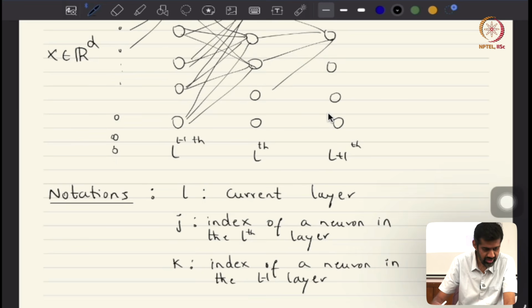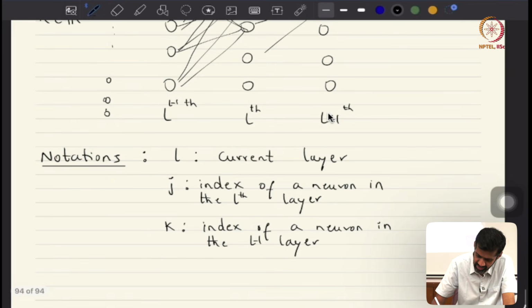Understand, right? And let us say I is the index of a neuron in the L plus first layer.